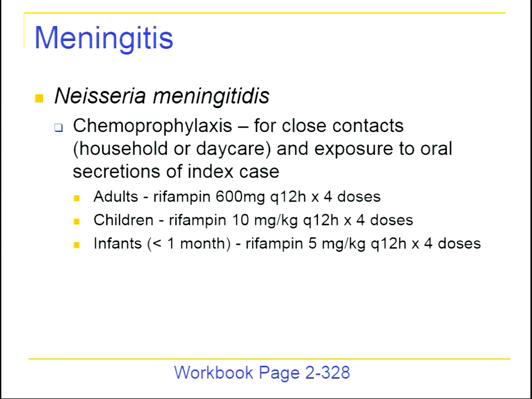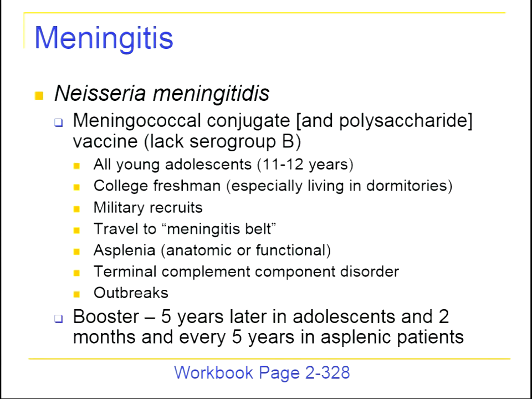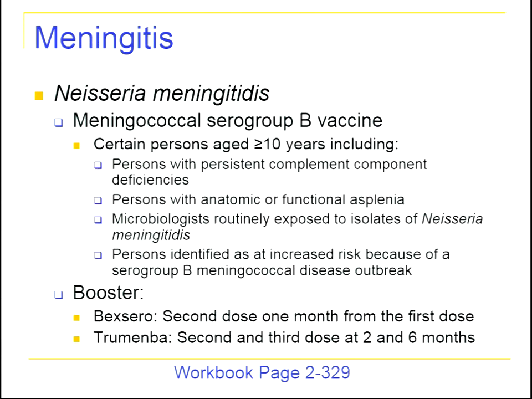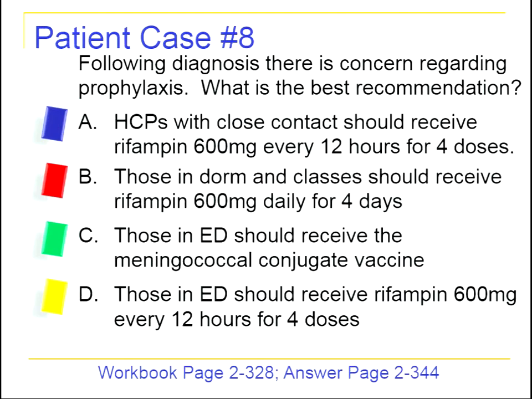There are also recommendations in your handout for what to do with patients who have H-flu meningitis. But again, H-flu meningitis is not very common. And then, very quickly, I'm not going to go over it because it was in the vaccines yesterday. There's actually a bunch of meningococcal vaccines now: the meningococcal conjugate that lacks the serogroup B, and then the vaccine that has the serogroup B. And there are certain patient groups that should receive either one of those or both of those vaccines.